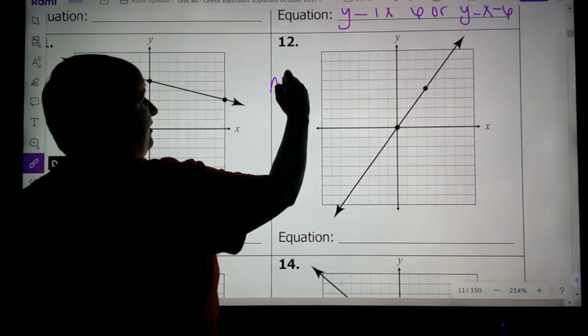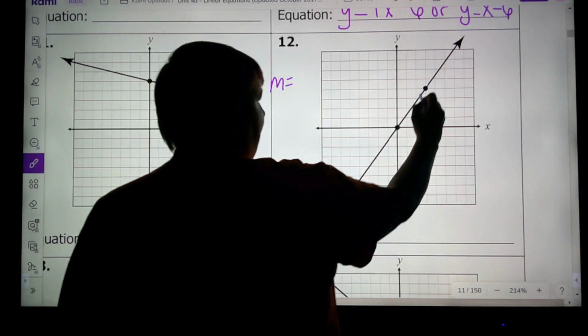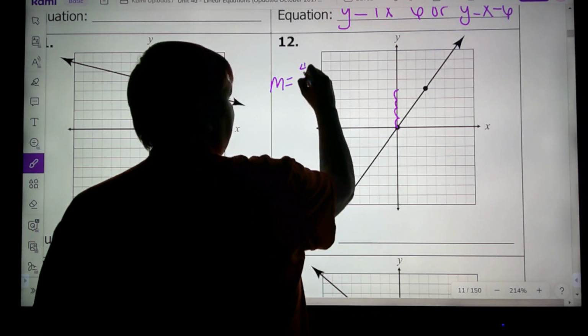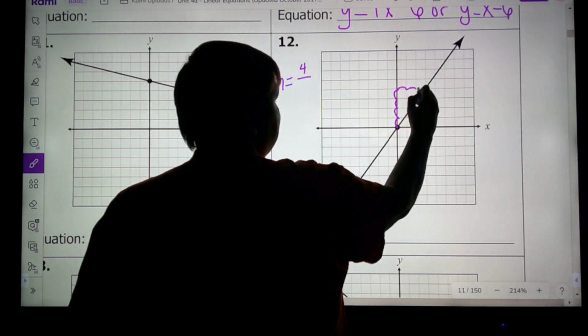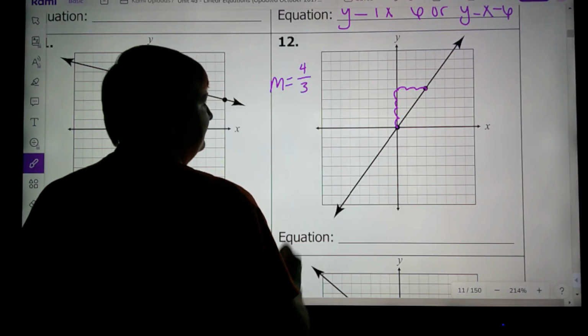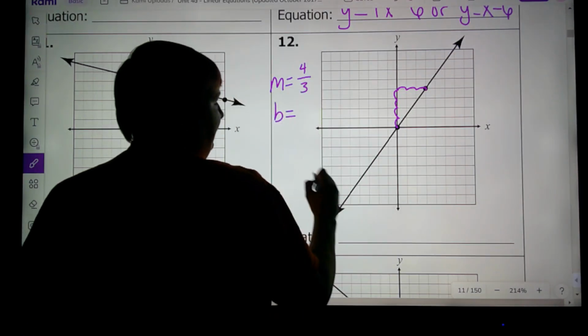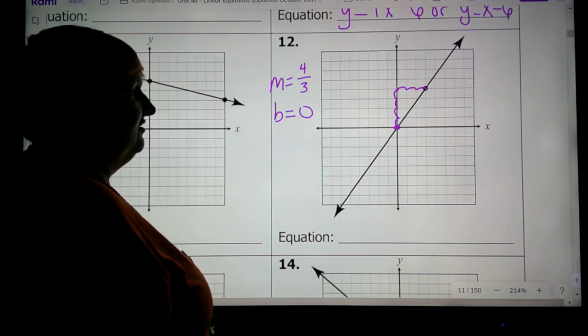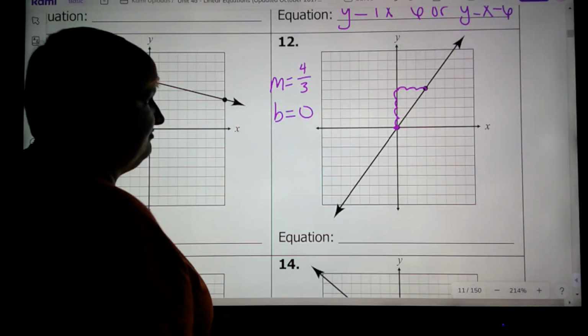All right, our m is 1, 2, 3, 4 up, 1, 2, 3 to the right. And our b is the origin. So our b is 0. Again, there's 2 ways you can write this.